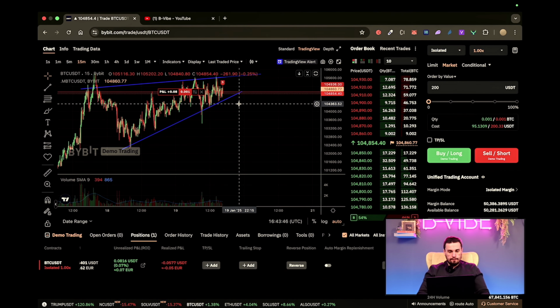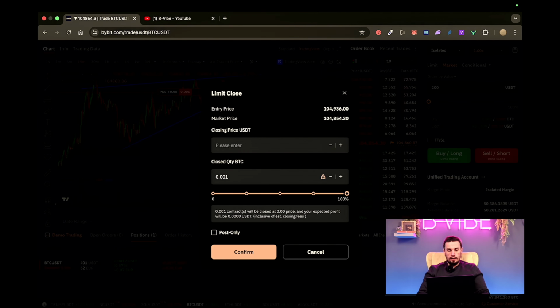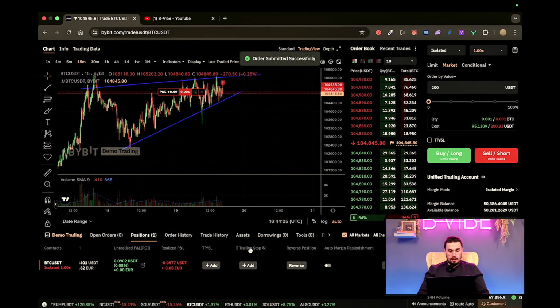So let's say if the price goes to 104,363, then I will exit. I can set 363 as the price at which I want to sell, close all of my position, and press confirm.